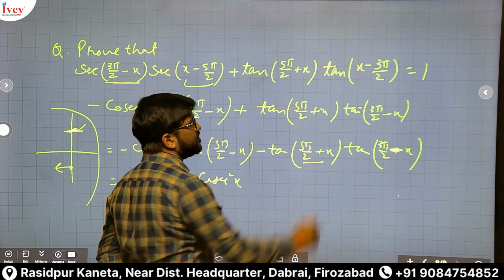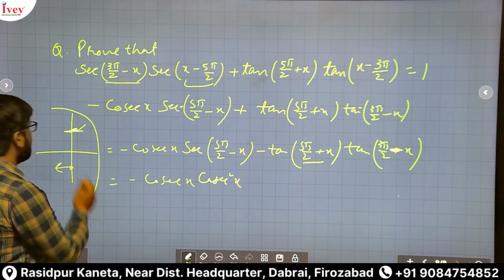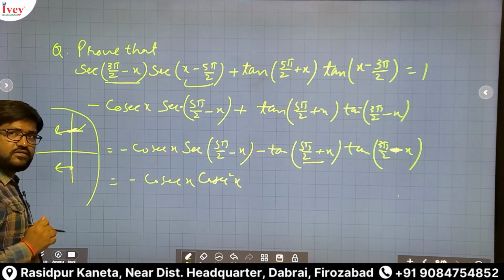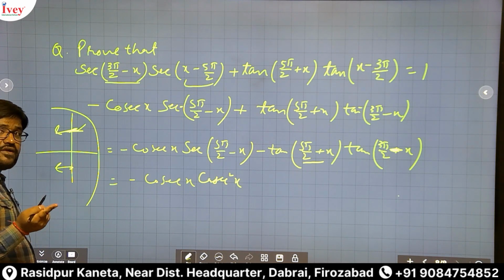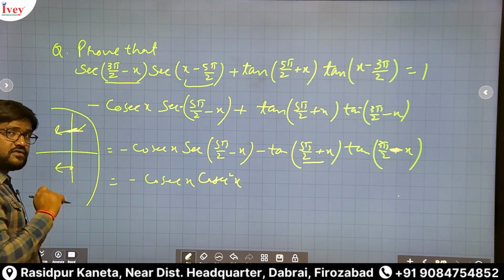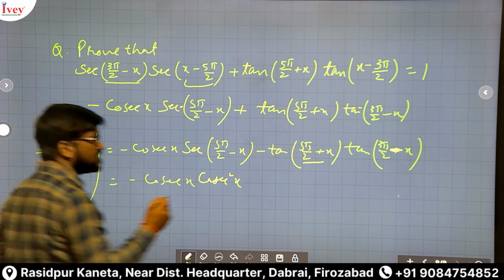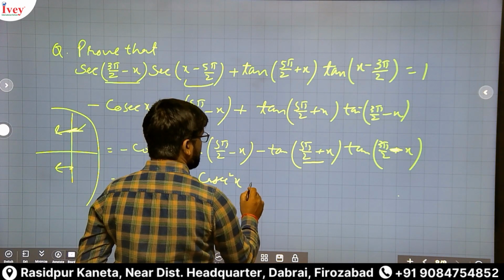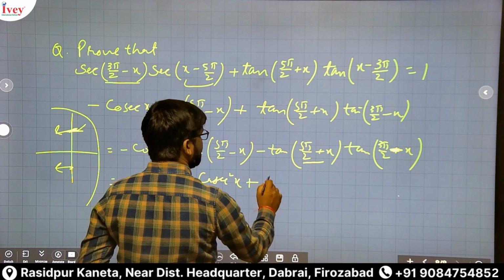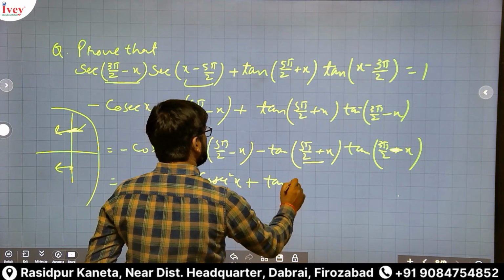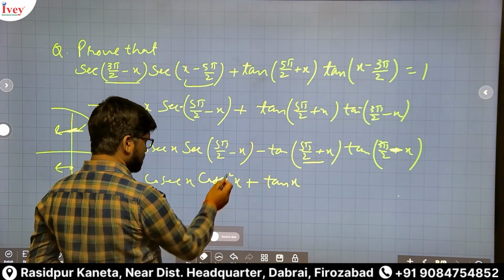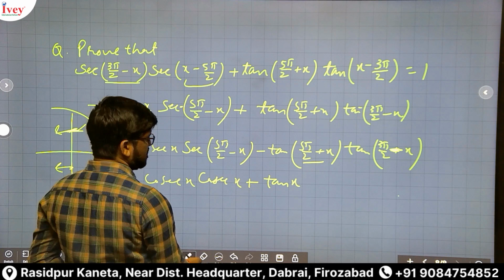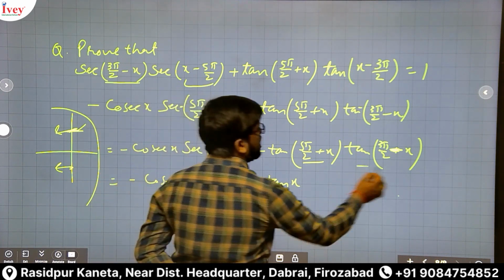Okay, so 5 pi by 2 plus x, this means what? Pi by 2 plus, we are landing here, right? And in the second quadrant, sine and cos are positive, it is tan, and tan will become cot, and it is going to be negative, so it will be plus tan x. Now it is 3 pi by 2 minus x.